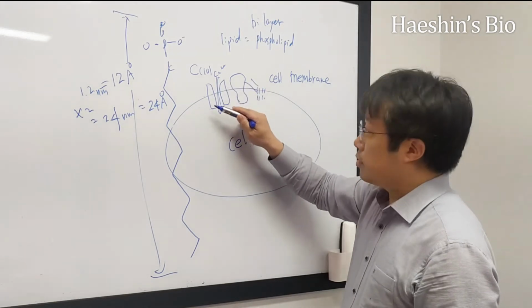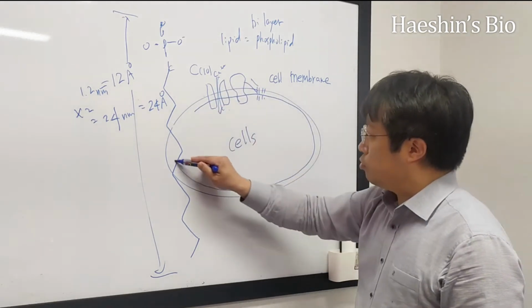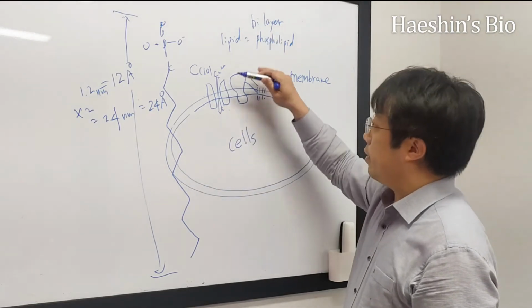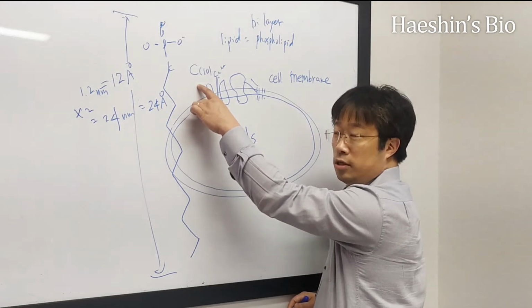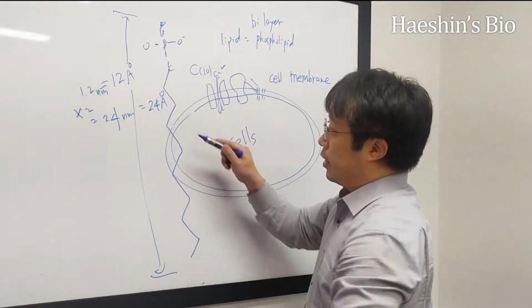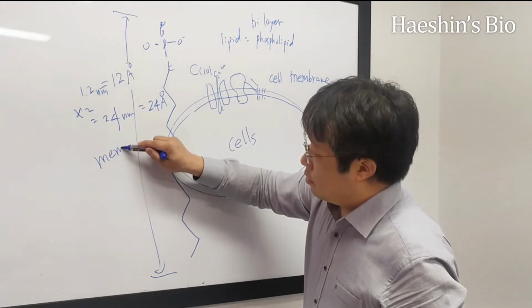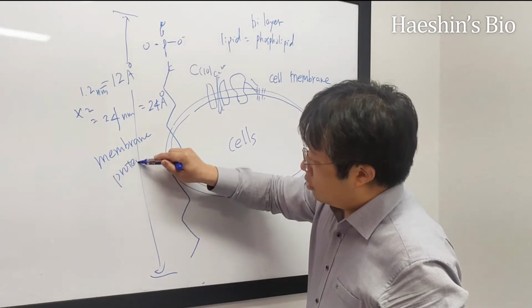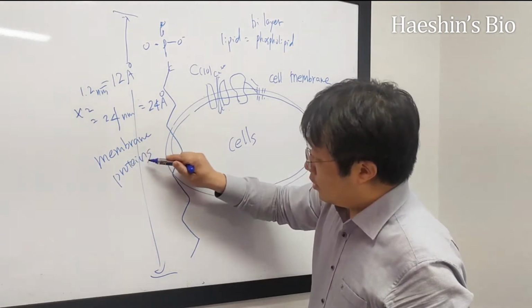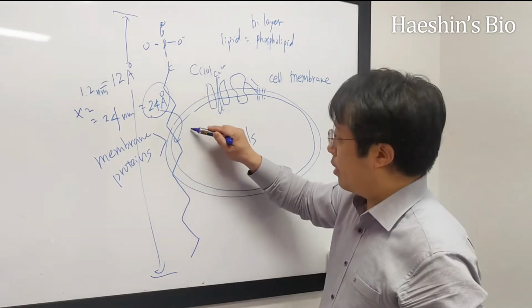It looks like this, spanning across the bilayer membrane. So the size of the protein immediately suggests that it is a membrane protein. Membrane protein size is actually bigger than this number here, which is the bilayer membrane.